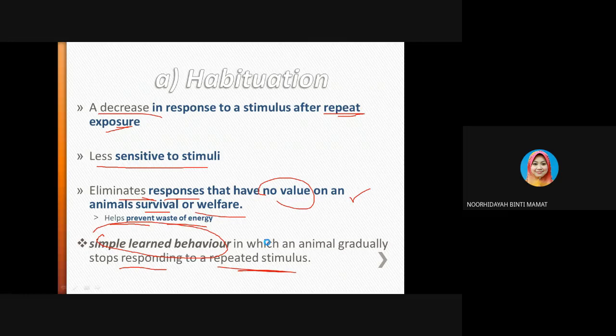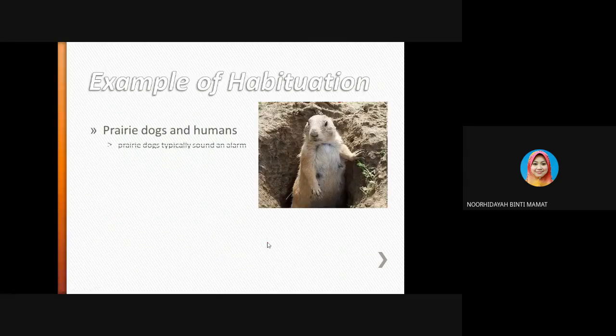So for example, here we have prairie dogs and humans. Prairie dogs typically sound an alarm call when threatened by a predator. This is normally the behavior: they give an alarm sound when threatened by a predator.